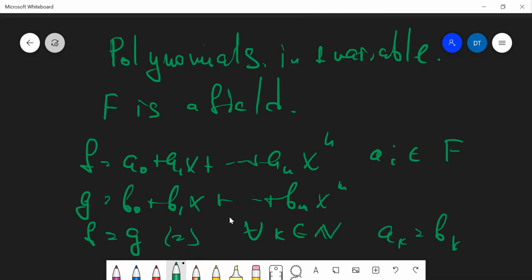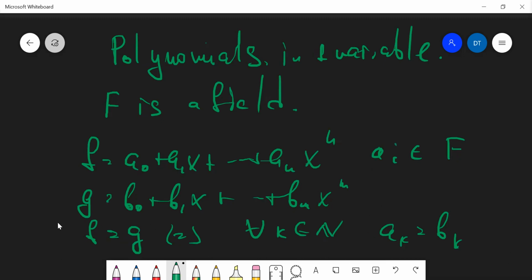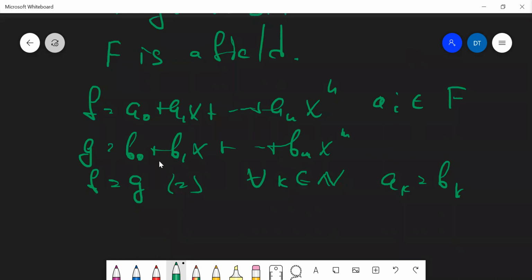In this case, I assume that if a coefficient is not present here, for example a_{n+1}, a_{n+2}, etc., they are just 0. So if I assume that all the coefficients with index larger than n are 0, then it's fine to use this formula. This simply means that there is exactly the same number of coefficients and all the coefficients are the same.